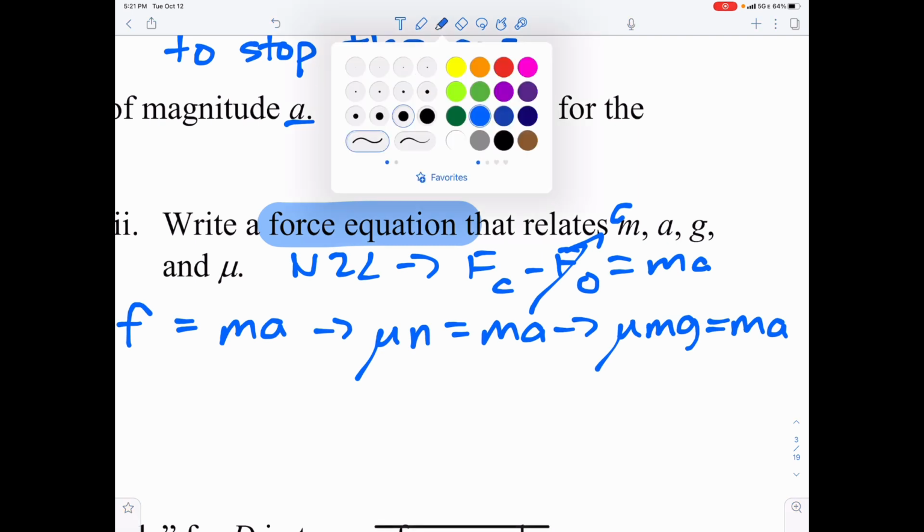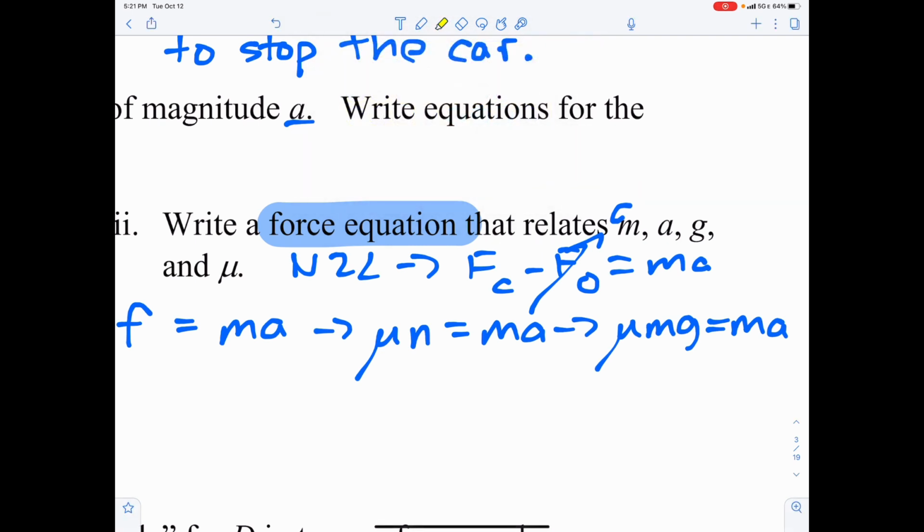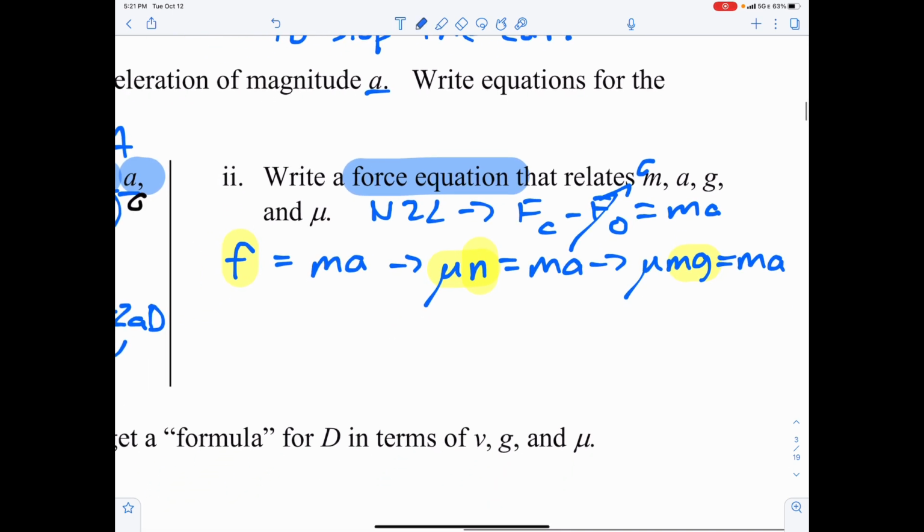Are you following the substitution here? First we substitute friction for mu times normal force, then we substitute normal force for mg. Now once we get this far, you can go ahead and cancel some masses, and we have an equation that says a equals mu times g.